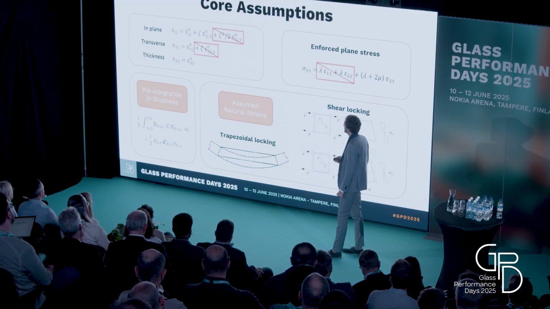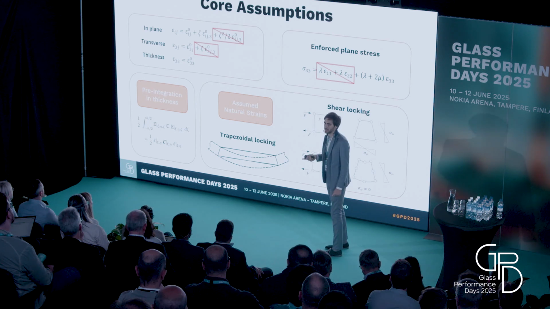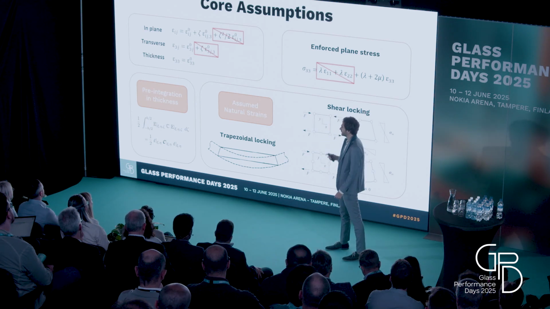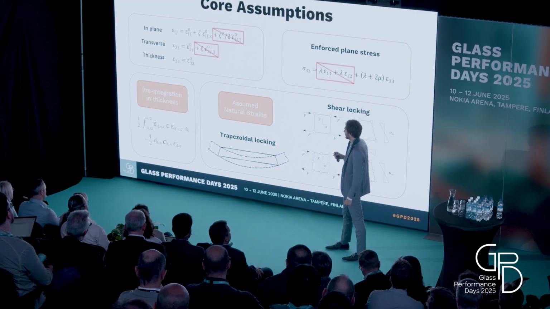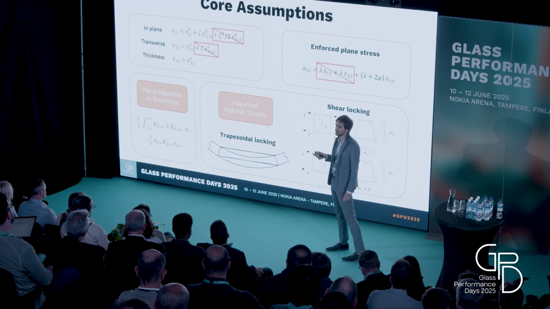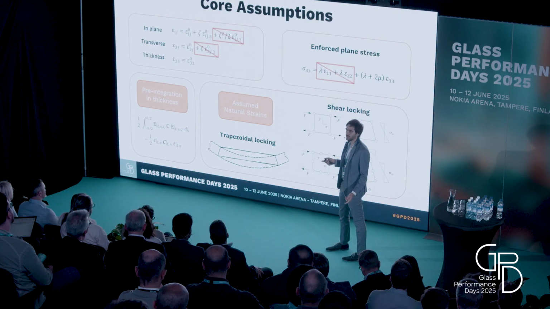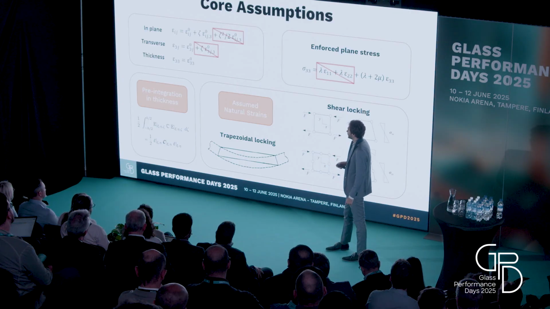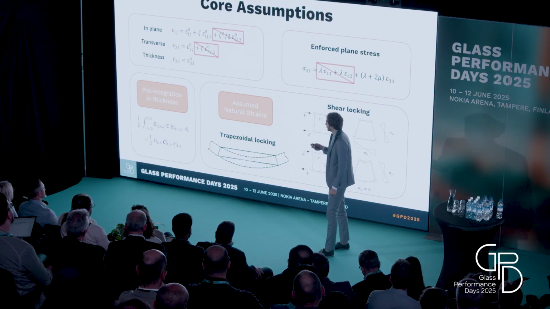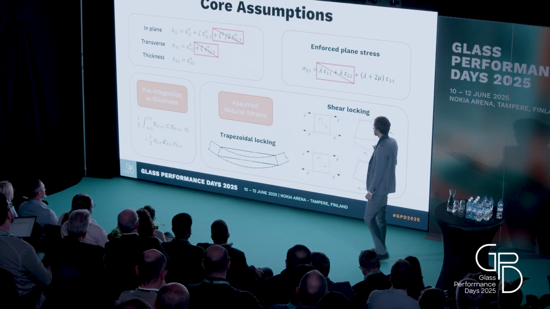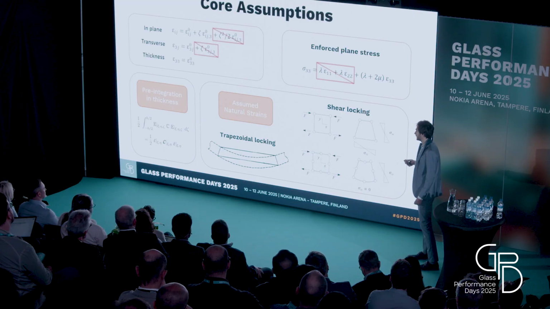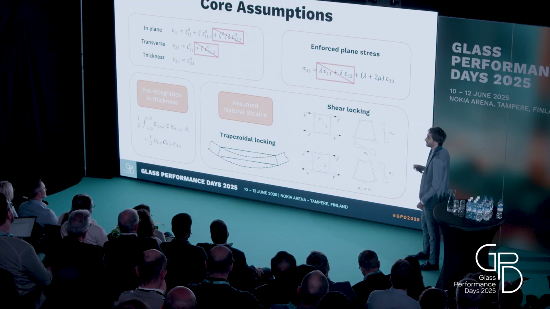We can eliminate the quadratic part because it's very small, since laminated glass has low thickness with respect to other dimensions. For the transverse strain, we eliminate the linear part to alleviate the shear locking that occurs in small thickness elements.